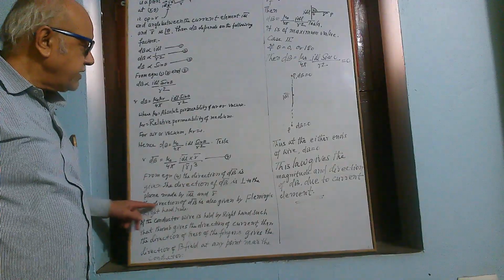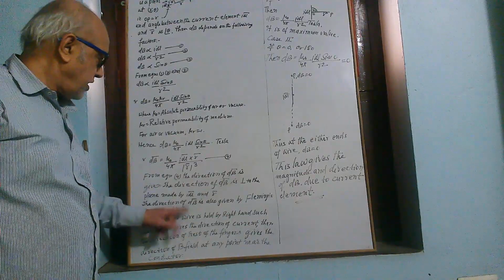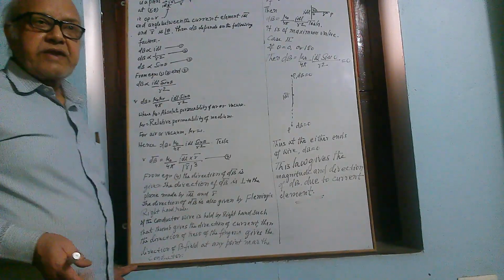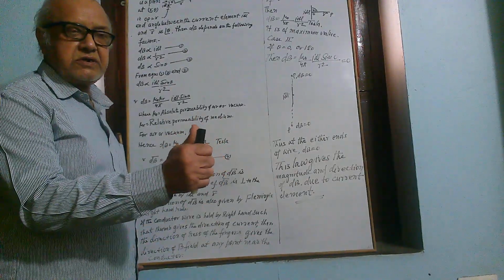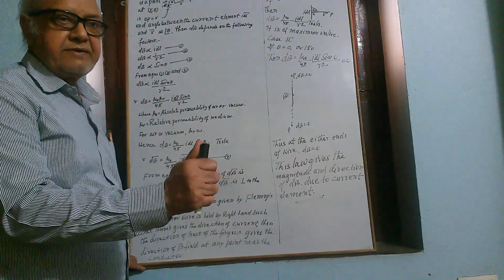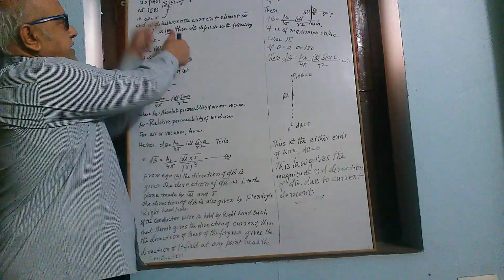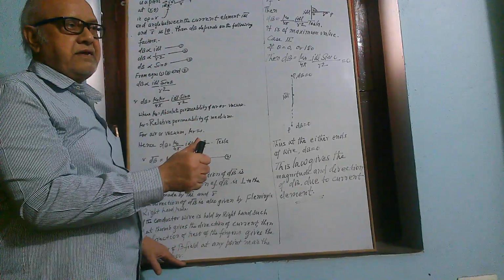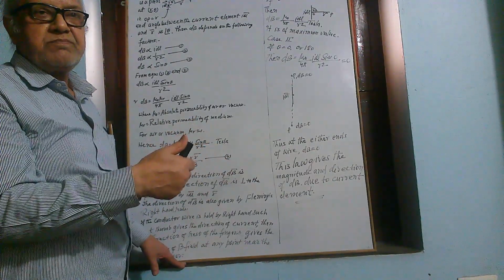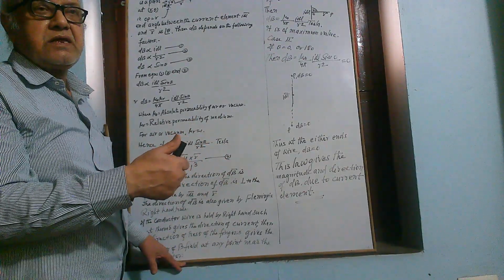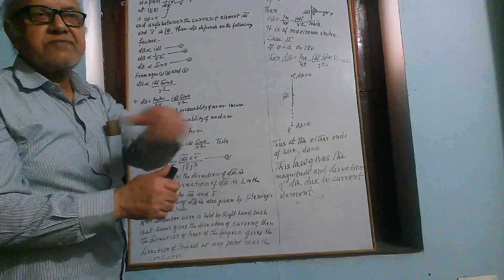The direction of dB is also given by Fleming's right hand thumb rule. What is Fleming's right hand thumb rule? If the conductor is held by the right hand and the thumb represents the direction of current, then at any point the direction of dB will be given by the direction of the rest of the four fingers.